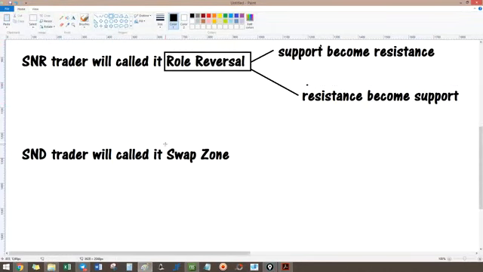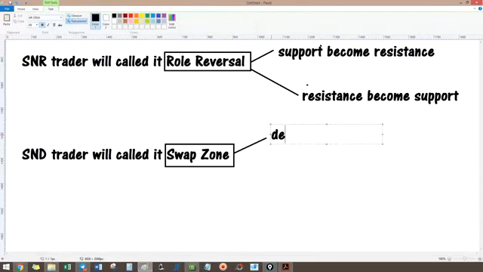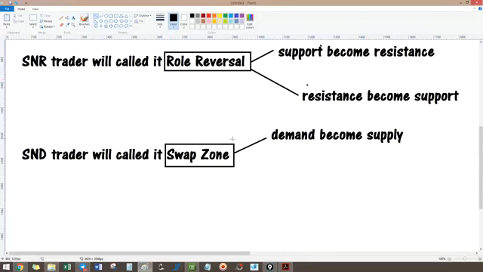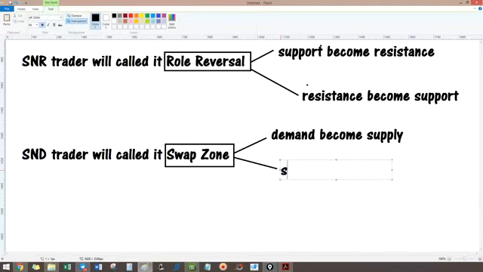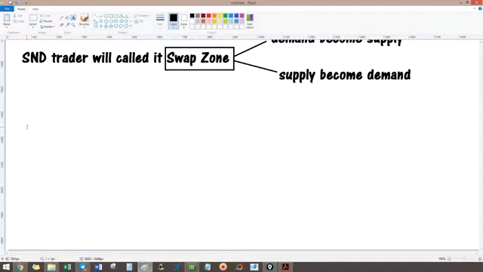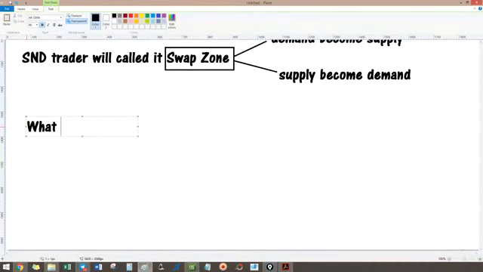For swap zone, you also have two types: one is demand becoming supply, and the other is supply becoming demand. So you have two types also. You understand this? So what is the difference?